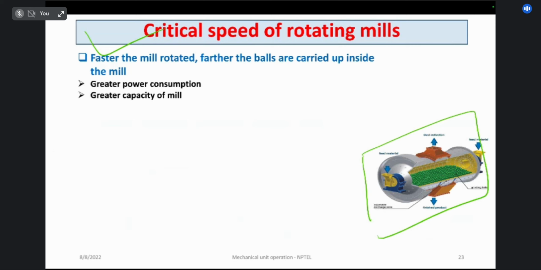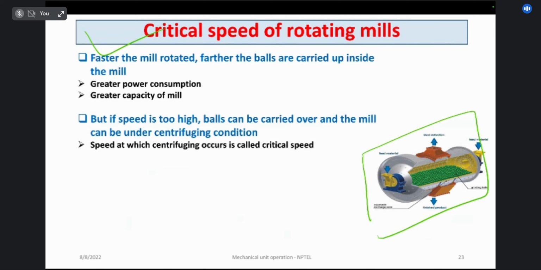So the faster the mill rotates, the further the balls are carried up inside the mill. Mostly we need to understand how this equation is derived, and what the critical speed is, so some little information is given. The faster the mill rotation, the greater the power consumption and the greater the capacity of the mill. But if the speed is too high, what happens?